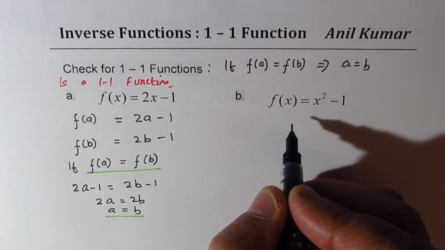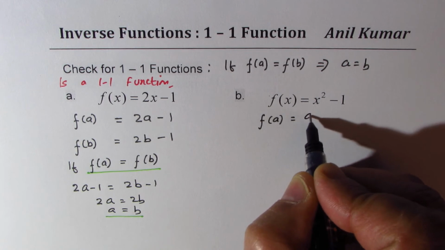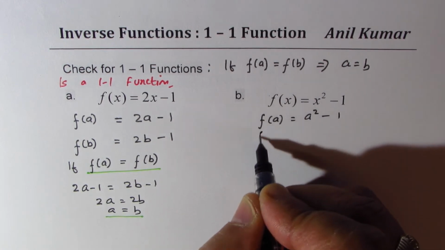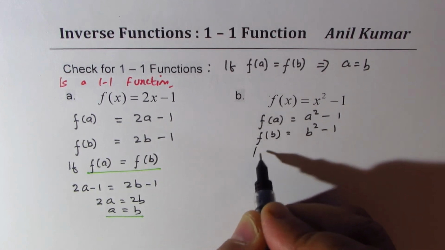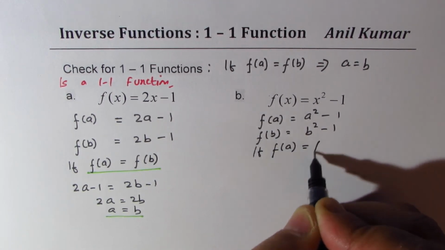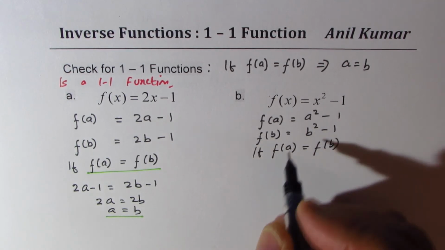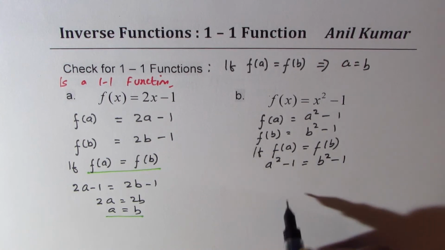Now let's take a point where f of a equals a square minus 1. f of b will be b square minus 1. And if f of a equals f of b, in that case, a square minus 1 equals b square minus 1.